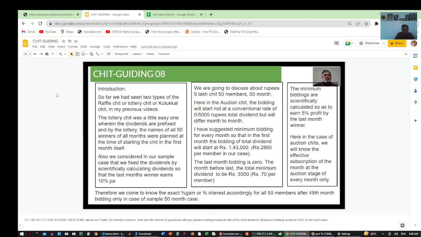Let us go to our scheme demo about the 5 lakh, 50 member, 50 month scheme. Also, the format of passbooks with pre-printed starting minimum bid of the total dividend, and maximum bidding would be 35% of the chit value.